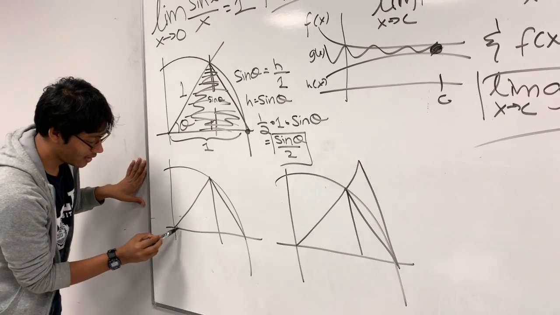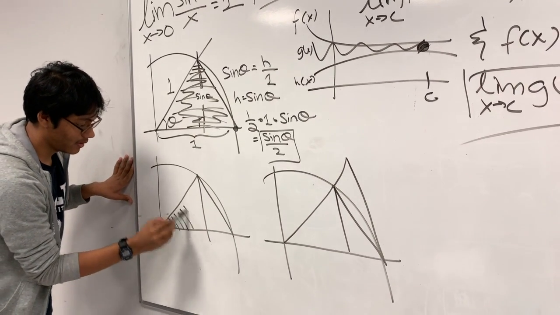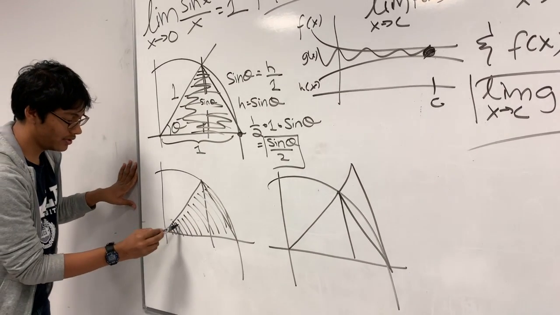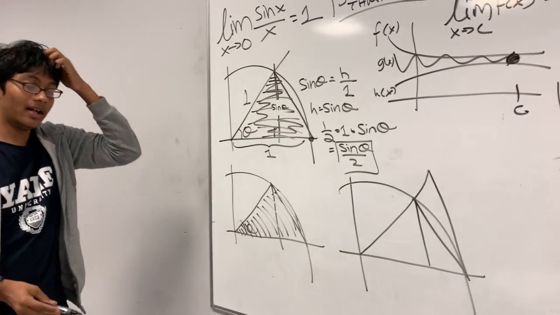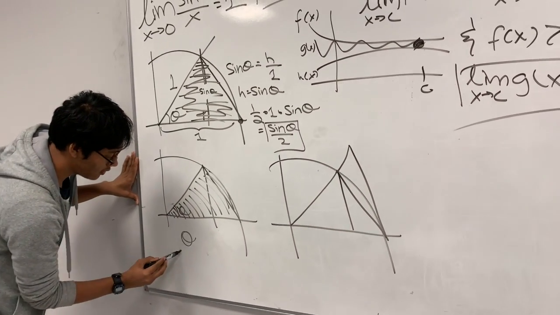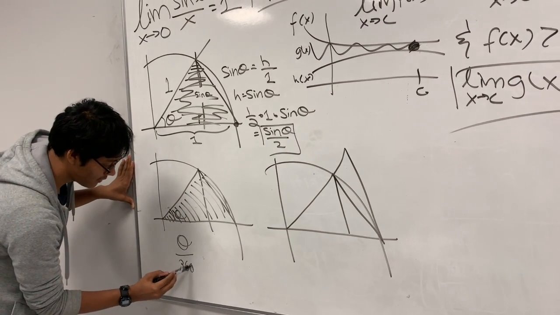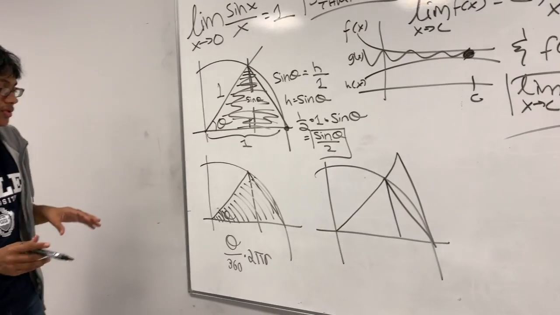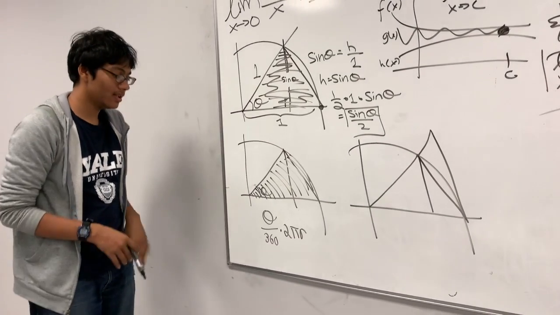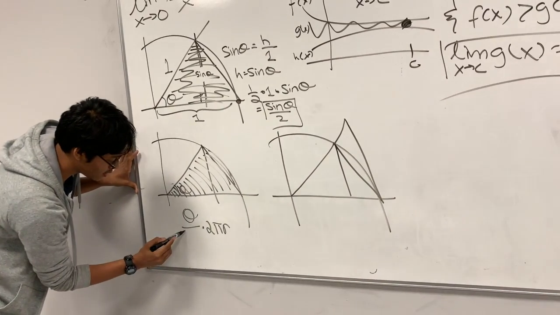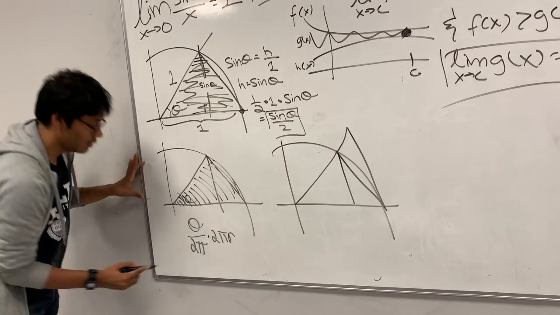Next thing, we're going to take it a step up. We're going to find the area of this sector. Hopefully you folks remember your sector formulas. It's theta over 360 times pi r squared. But in this case, I'm going to work in radians just to simplify our measurements. So instead of 360, let's write 2 pi.